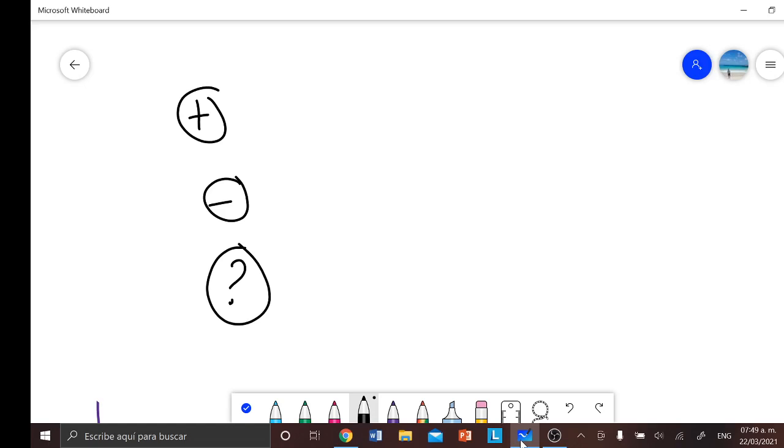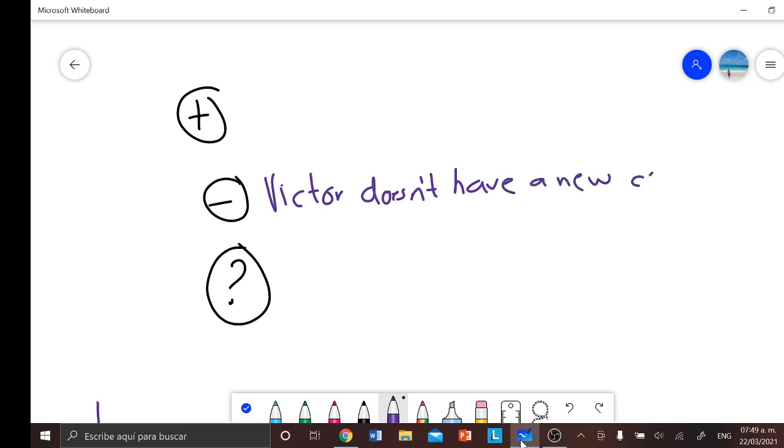Let me tell you an example so you guys can understand. Let's suppose that I have over here, Victor doesn't have a new computer. Victor no tiene una computadora nueva. This one is negative form.